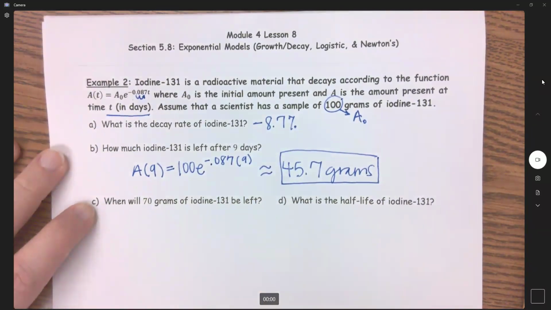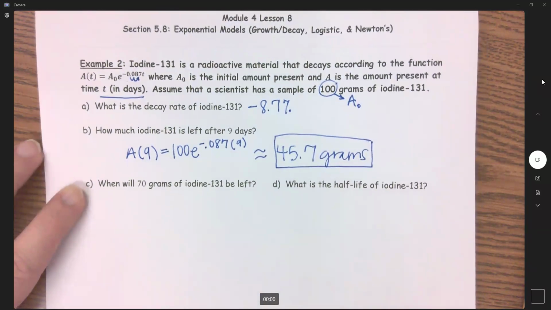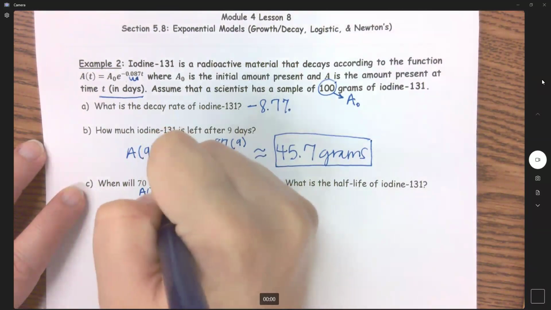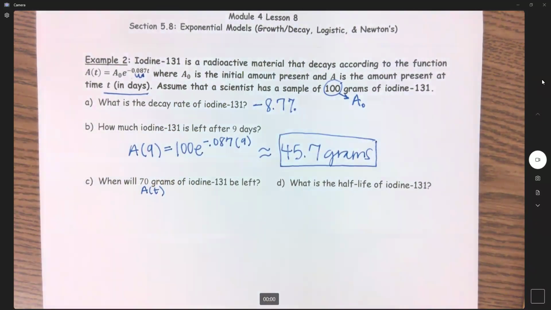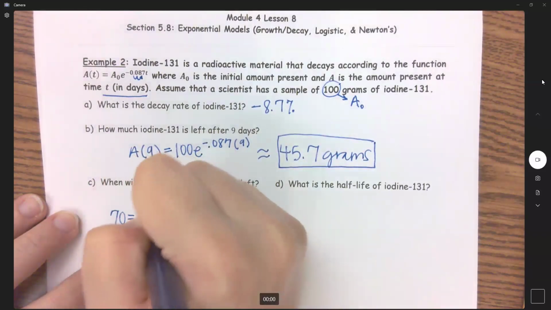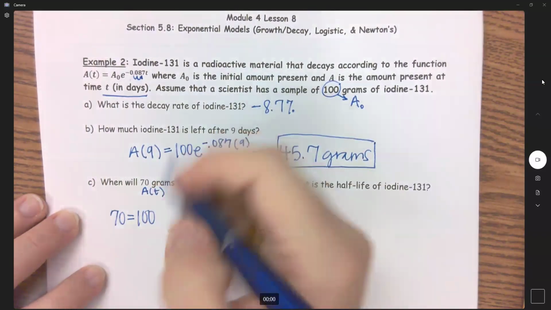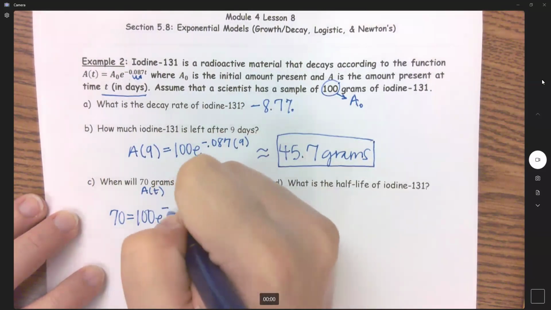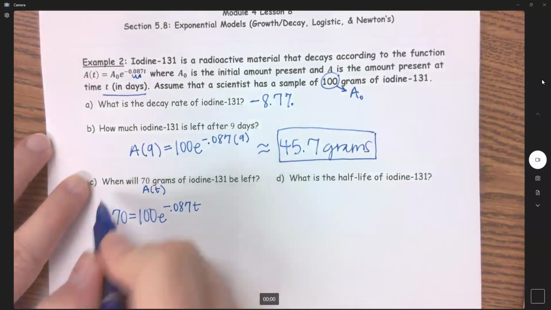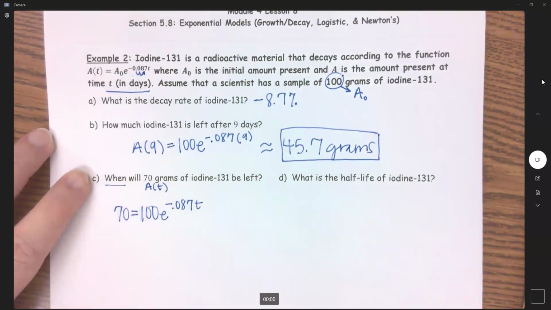When will 70 grams of iodine 131 be left? So this is my A of t. So I have 70 equals, and then the rest of my formula here, 100e to the negative 0.087t. It wants to know again when we're solving for time.